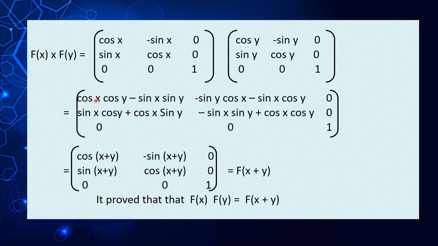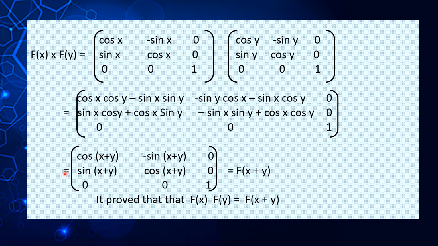That would give us [cos x cos y minus sin x sin y, minus cos x sin y minus sin x cos y, 0; sin x cos y plus cos x sin y, minus sin x sin y plus cos x cos y, 0; 0, 0, 1].